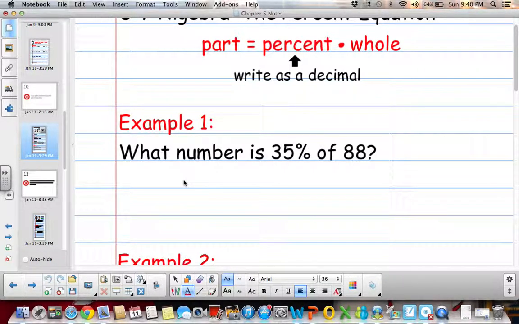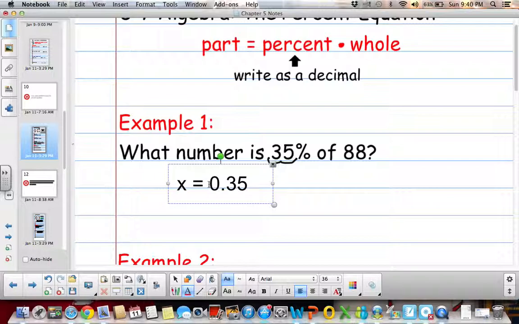I am going to set this up then as x, because we don't know our part. That's what we're trying to figure out, equals, and then we write our percent, but we write it as a decimal. Remember that with a percent, if there's no decimal, we start after the ones place, and then we go over 2. So we can write it as 0.35.